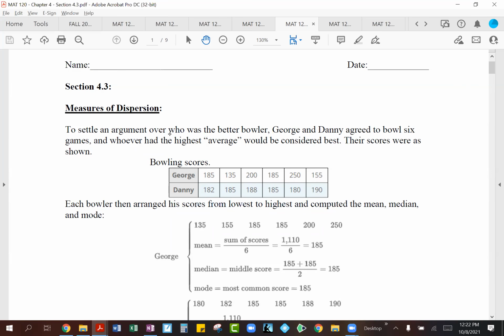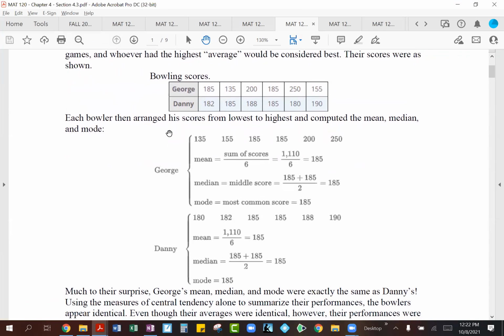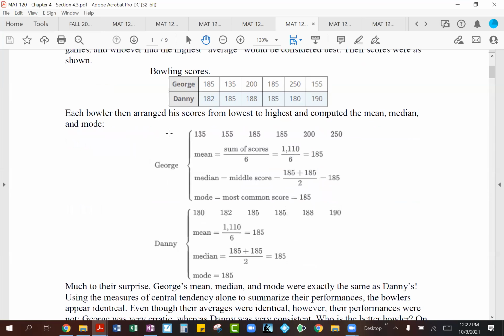Once we calculate their averages, the mean, median and mode for George and for Danny, you can see this is coming out to be 185. That's the mean for both of them. The median is also 185, and their mode is also 185. So basically 185 for all 6 values over here.